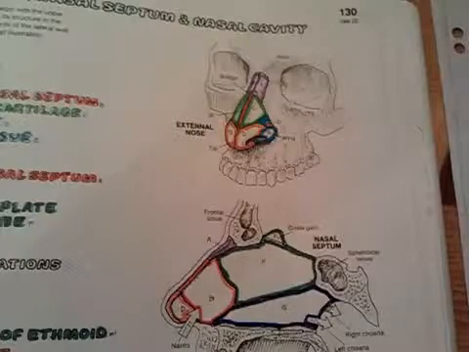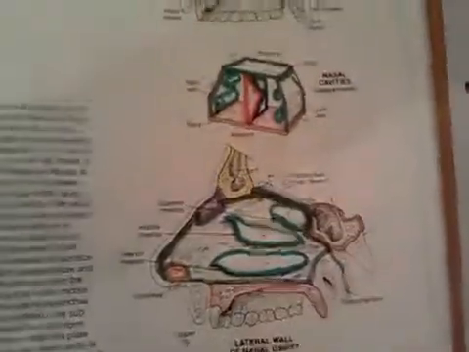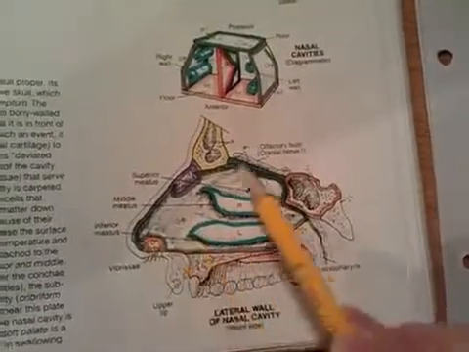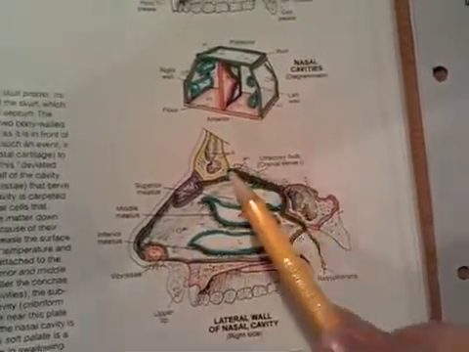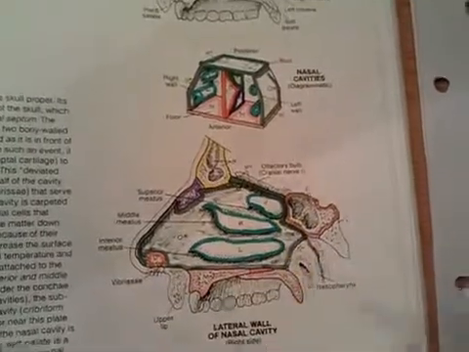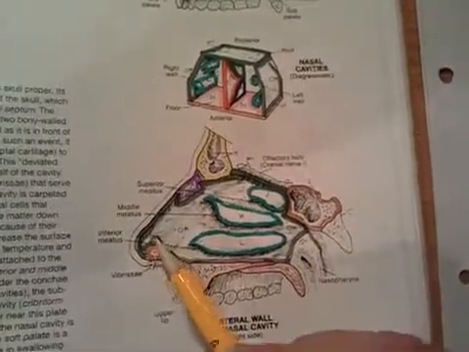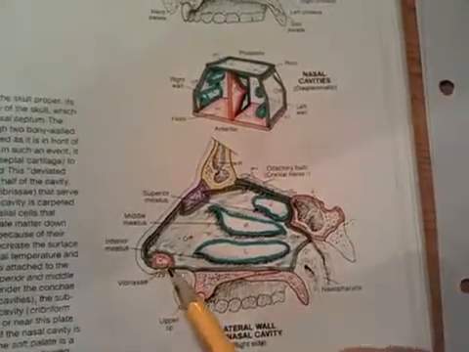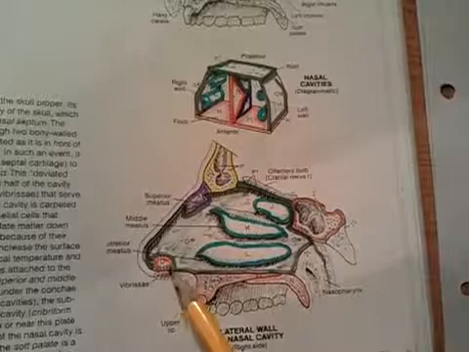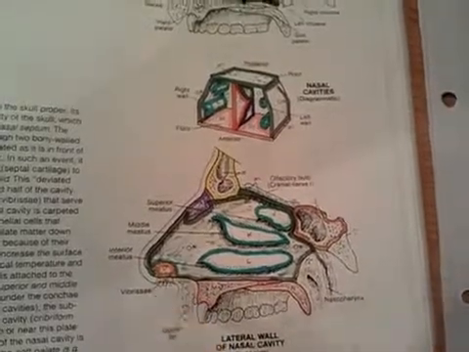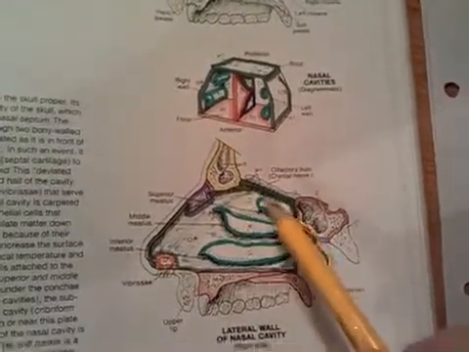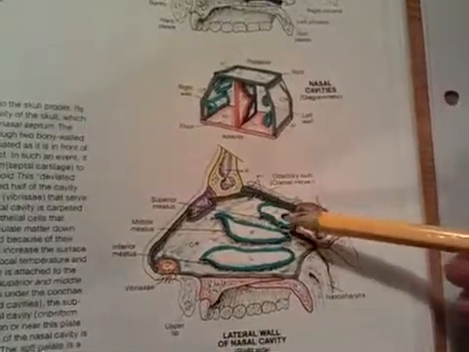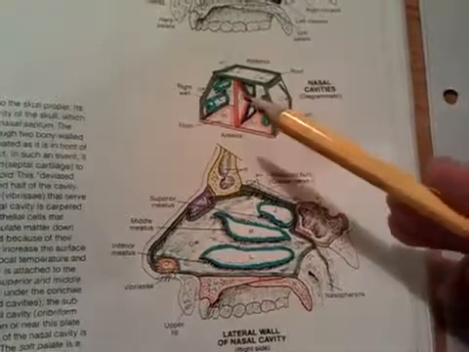The nasal cavity is subdivided into a vestibule, respiratory region, and olfactory region. The nasal vestibule is slightly dilated and is lined with skin bearing vibrissae, these hairs. The olfactory region is limited to the superior nasal concha and opposing nasal septum and intervening roof.